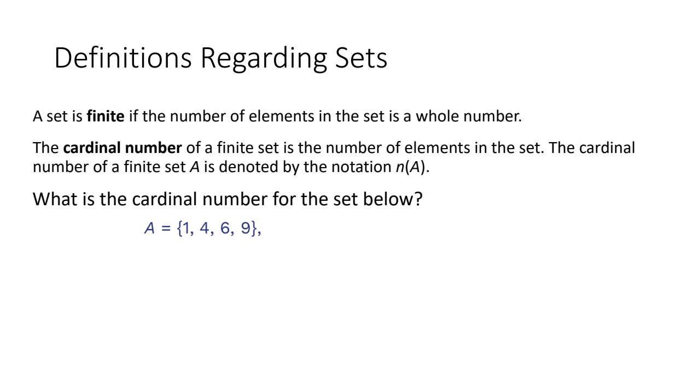Other definitions related to sets. We've talked about an element, and we've talked about the empty set, which is a special set. Another definition is: what is a finite set? A set is finite if the number of elements is in the set of whole numbers. In other words, the quantity it contains has to be a whole number.